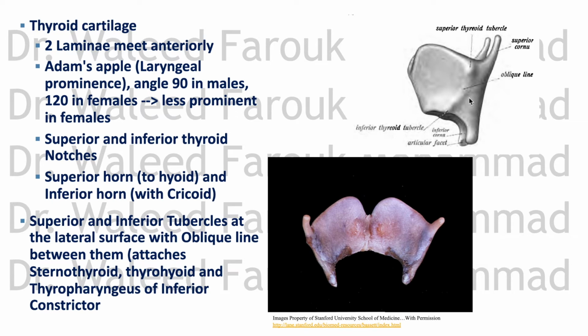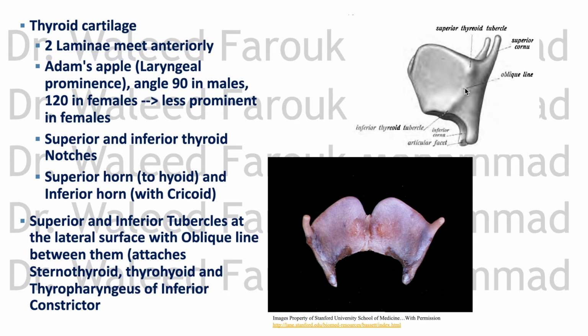This is the one we mentioned in the infrahyoid muscles when we were talking about the sternothyroid. The sternothyroid inserts into this line, and the thyrohyoid originates from this line. Remember when we said that the sternothyroid and thyrohyoid were one muscle but attached to the oblique line?